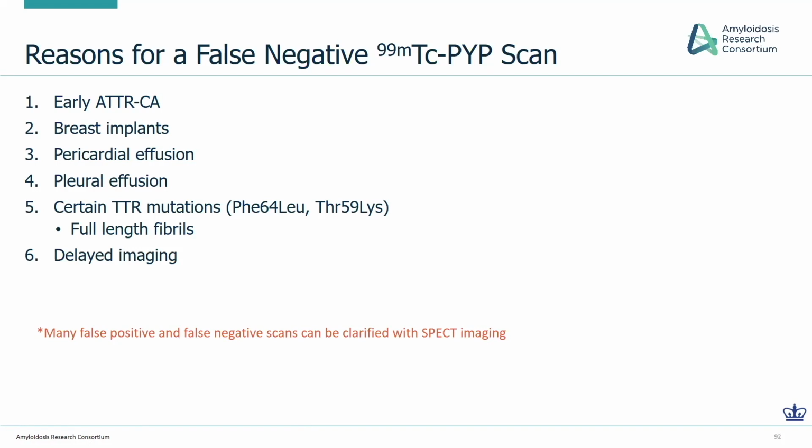Again, as Dr. Bukhari noted, the H/CL ratio that is promulgated in the literature of 1.5 is dependent upon imaging an hour after injection of the isotope. If it's delayed for any reason, you need to use a lower cut point. And if you don't use a lower cut point, you might conclude the test is falsely negative when it's actually positive. And again, SPECT imaging can play an important role in this particular clinical context.